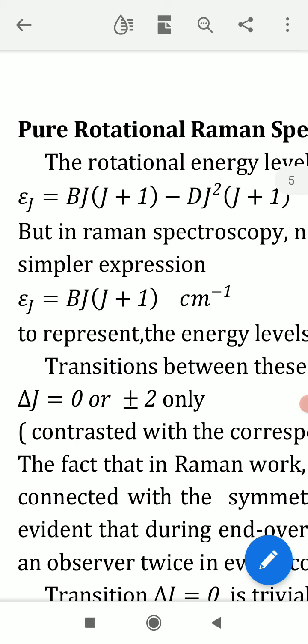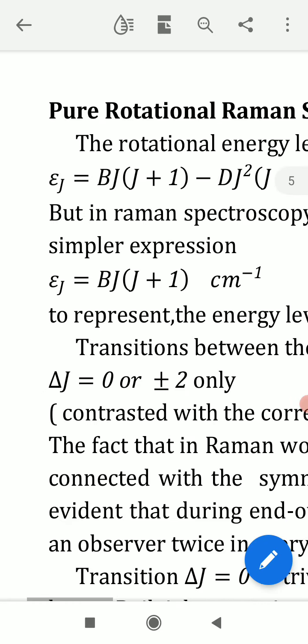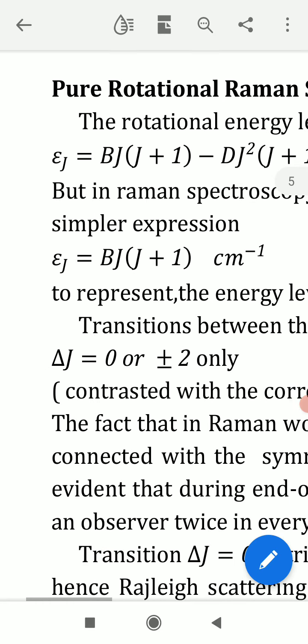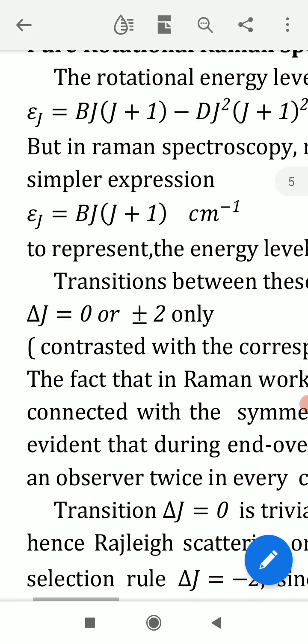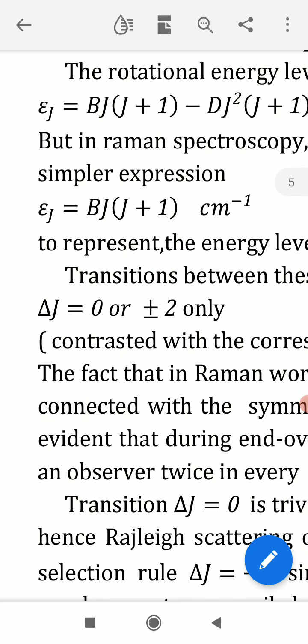That expression was in units of joule. We can convert this in units of wave number, centimeter inverse. So rotational energy now is written as Bj(j plus 1).